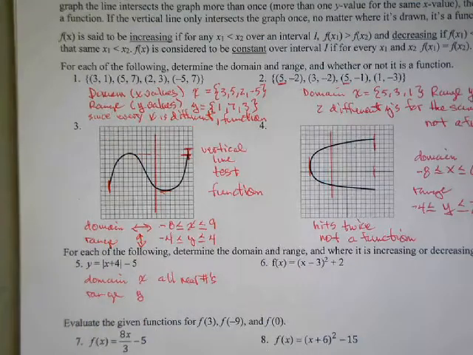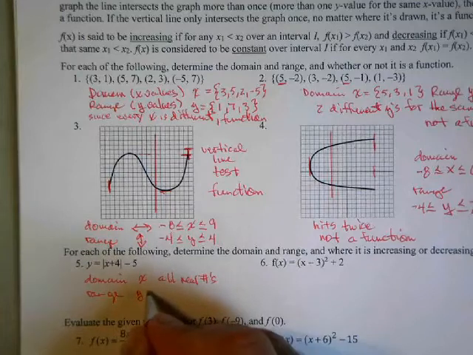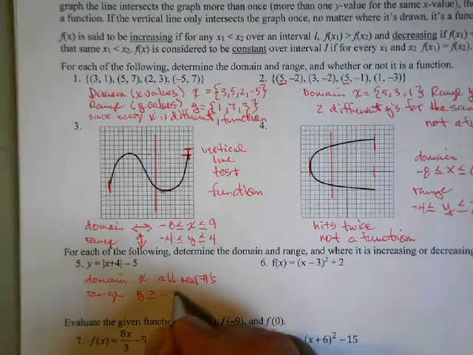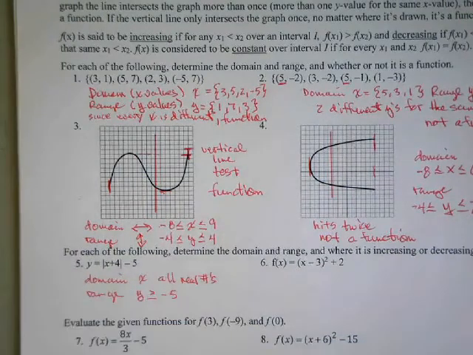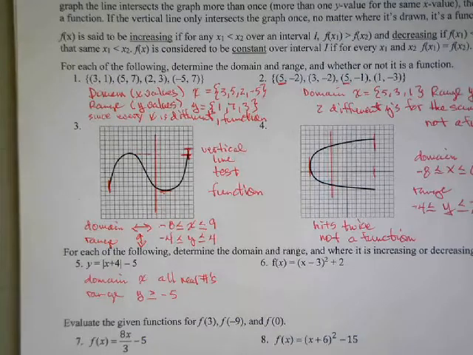So basically, what this means is that y has to be bigger than or equal to -5 in all cases, because the smallest this is 0. Absolute value would be 0 or a positive number. And therefore, 0 minus 5, well, that'll give me my minimum, but I'll be everything above that.